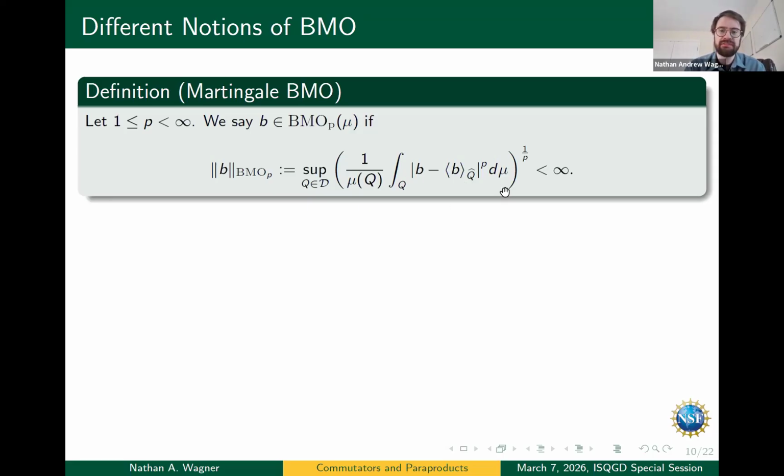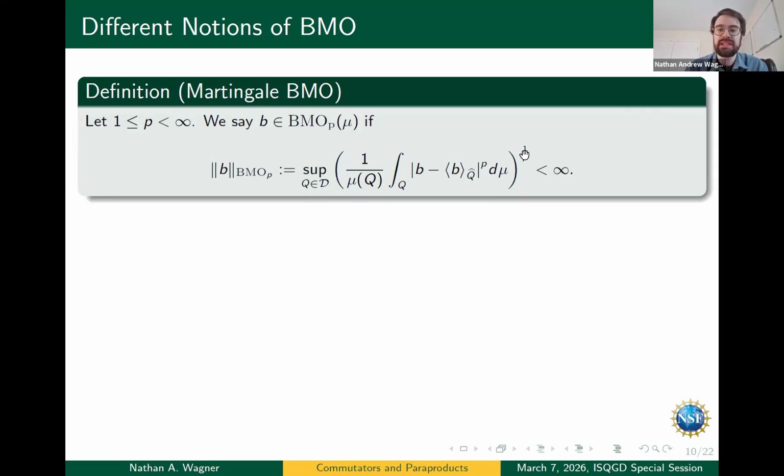The definition is almost the same as the classical definition of dyadic BMO, except rather than subtracting the average of b on Q, we subtract the average of b on its dyadic parent. And this turns out to be the right space of BMO in terms of interpolation, also getting nice properties of BMO spaces, etc.